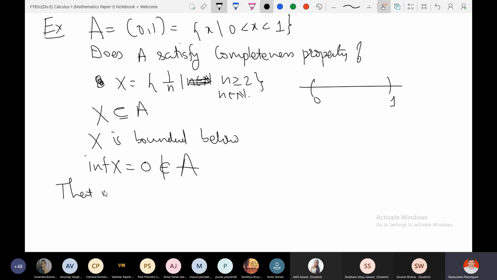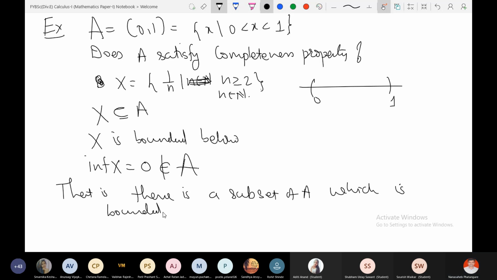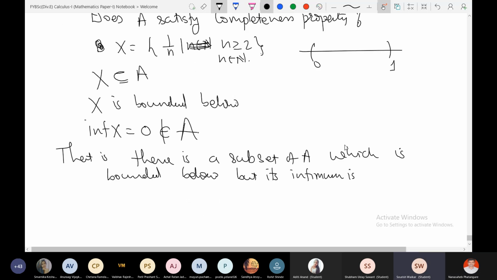That is, there is a subset of A which is bounded below, but its infimum is not in A.